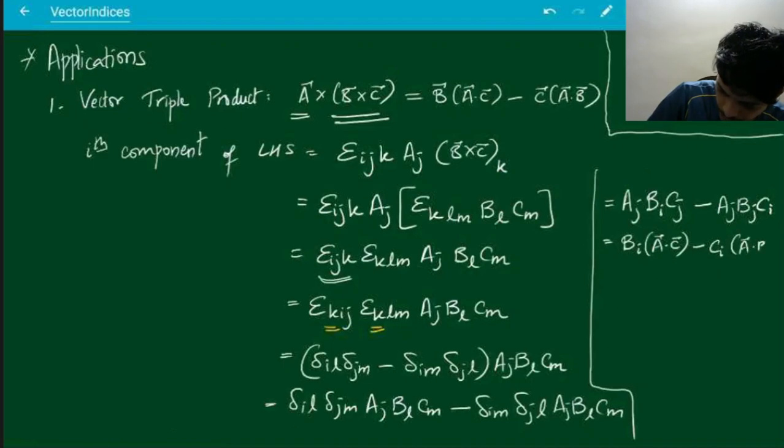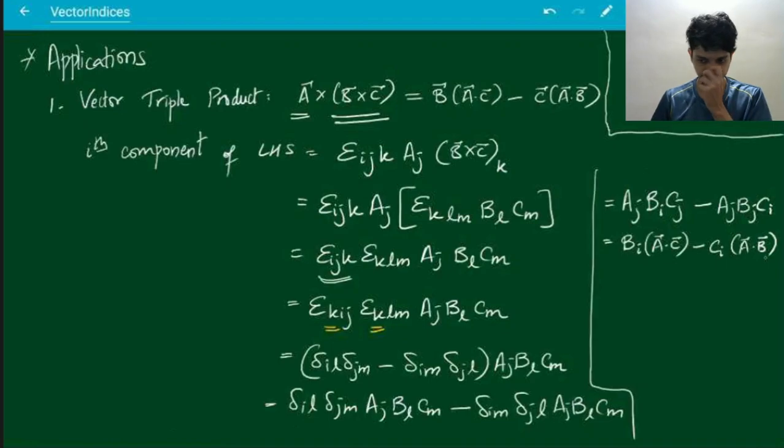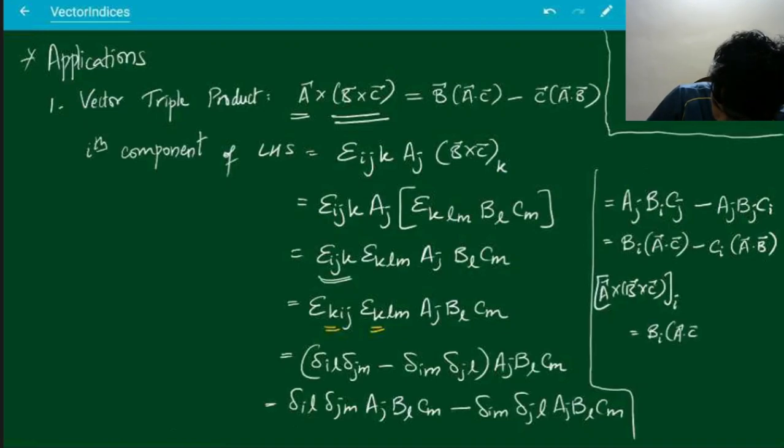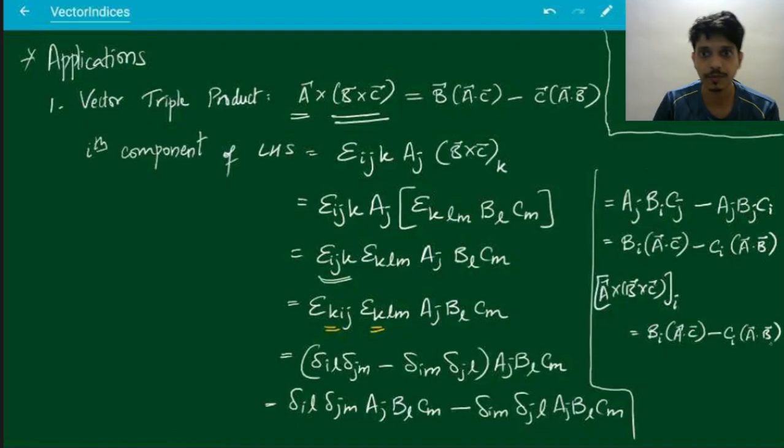That is A dot B. So as a result, what we have shown is that the ith component of the LHS, A cross B cross C, is basically the ith component of B with A dot C minus the ith component of C with A dot B.